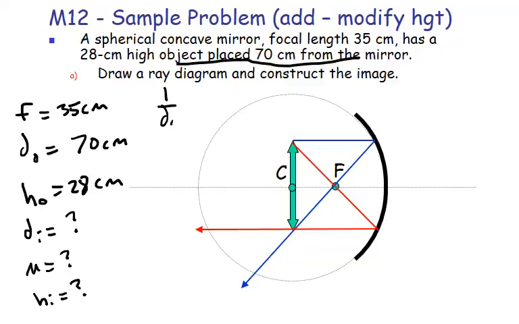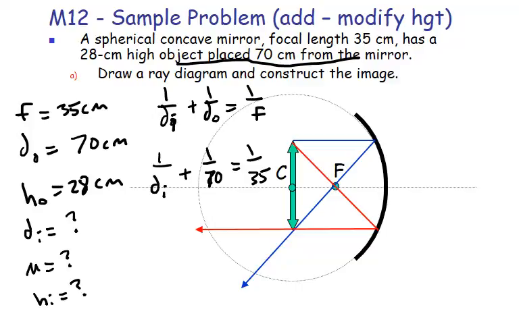So 1 over DI plus 1 over DO equals 1 over the focal length. 1 over DI plus 1 over 70 equals 1 over 35. We can subtract 1 over 70 from the other side. So we get 1 over DI is equal to 0.0143.